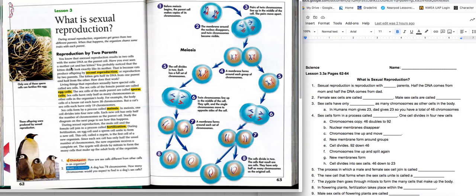You probably noticed that the kittens didn't look exactly like their mother. That's because cats produce offspring by sexual reproduction, or reproduction by 2 parents. The kitten gets half its DNA from one parent and half from the other. How does this work? Half the DNA comes from mom and half the DNA comes from dad.